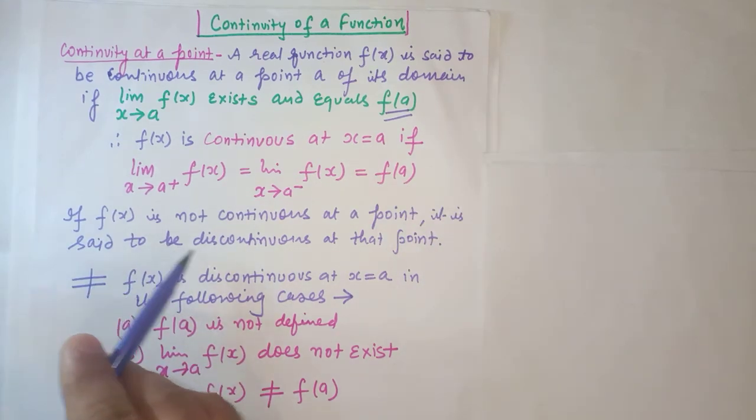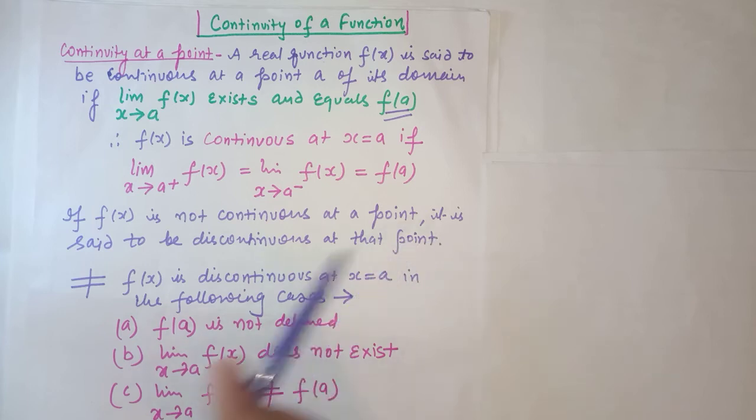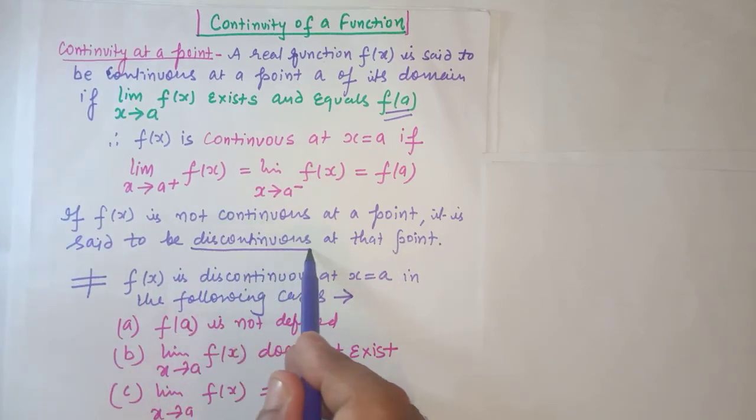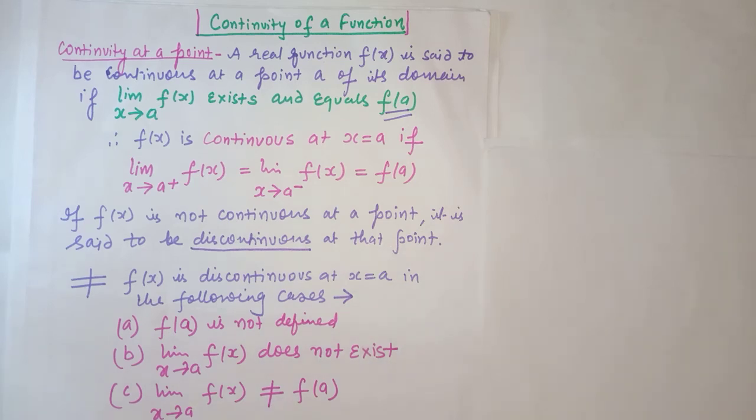So if f(x) is not continuous at a point, it is said to be discontinuous at that point. Clear? So f(x) is discontinuous at x equal to a in the following cases. For example, if the value of the function at the given point a is not defined, then the function may be discontinuous.